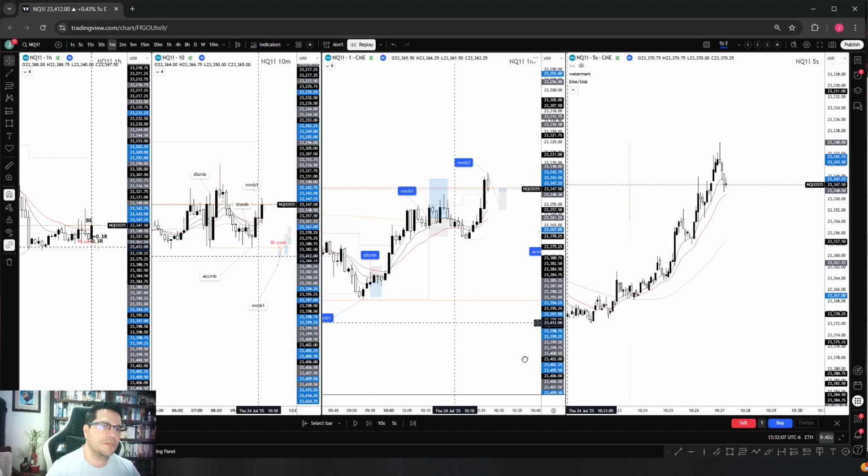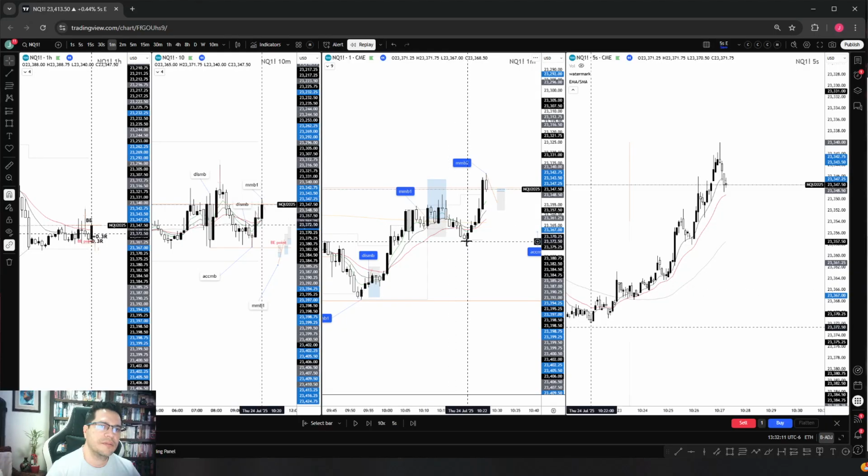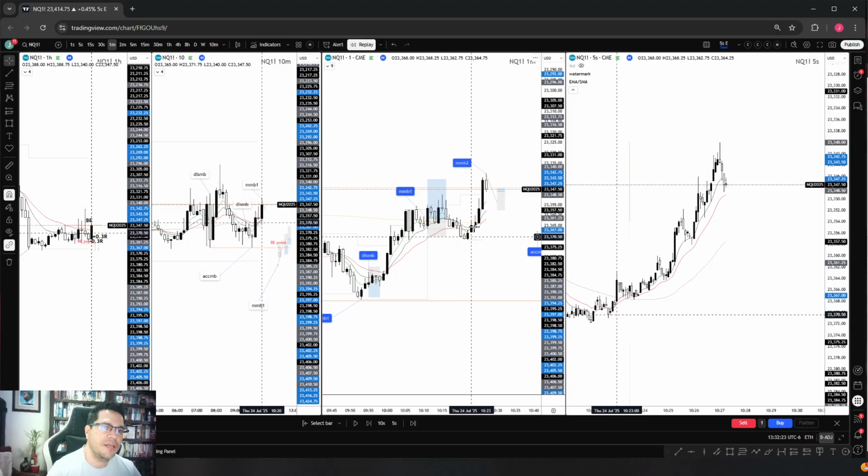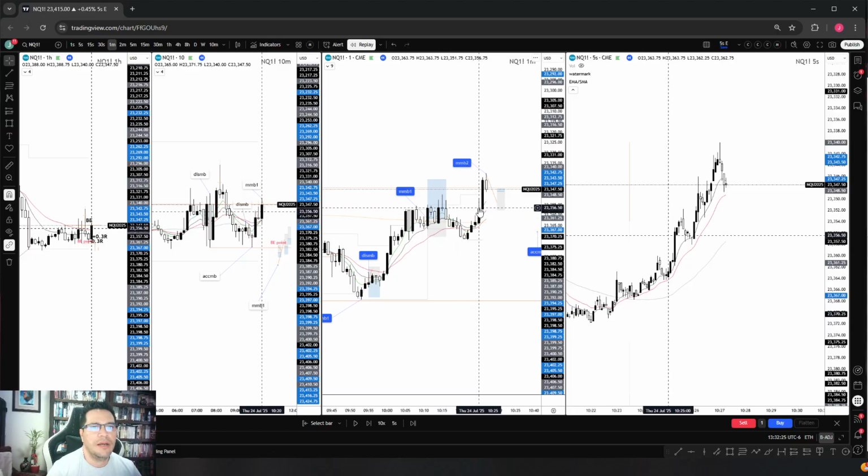So from there we had some sort of, you could argue some sort of stage one here, but as price went under the EMAs and then right back in through the EMAs and above, I consider this as part of MMB1.